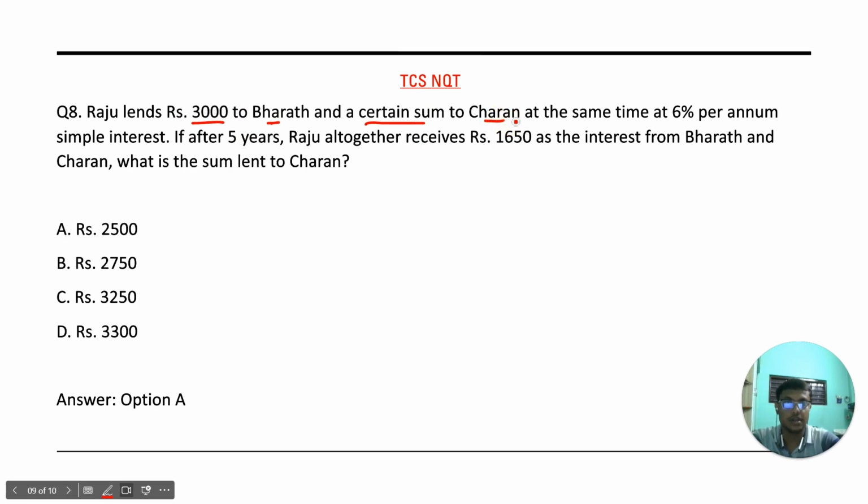So here it is said that Raju lends rupees 3000 to Bharat and a certain sum to Charan at the same time at 6% per annum simple interest. If after 5 years Raju altogether receives rupees 1650 as interest from Bharat and Charan, what is the sum lent to Charan? Okay, so Raju lends 3000 to Bharat and a certain sum, let's say P, to Charan.